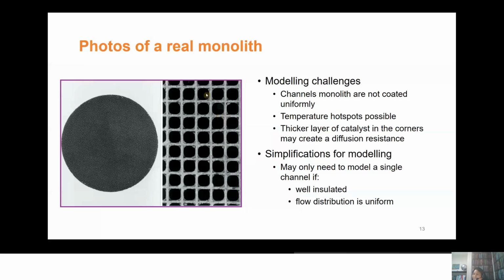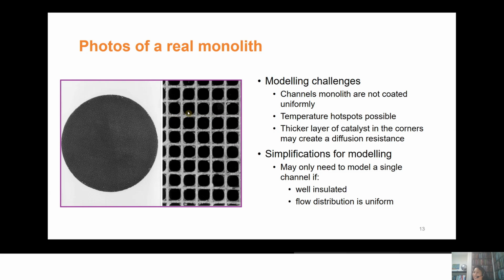You can see that the catalyst coating is not uniform. For example, you can see the build up on the corners, and this could create temperature hotspots. Also, the thick layer in the corners means that internal diffusion resistance becomes important.